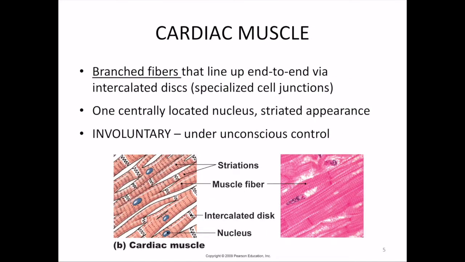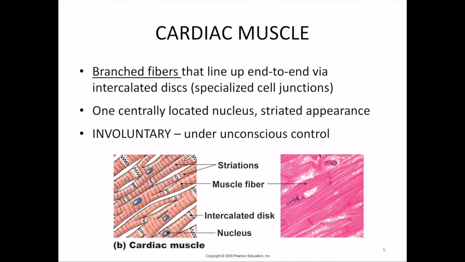Okay, so if we move to the next slide, we are now talking about cardiac muscle, which is going to consist of cardiac myocytes. So these are going to be very similarly structured cells, but there are some very specific differences. First of all, the main difference is that, while we have these very long cylindrical skeletal myocytes, these cardiac myocytes are actually very, very short, and they exhibit a branched pattern.